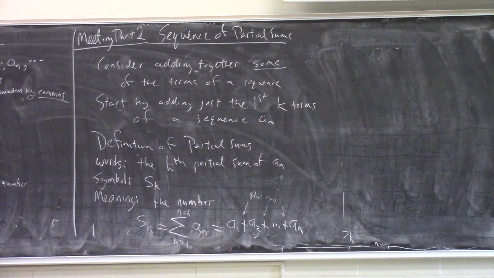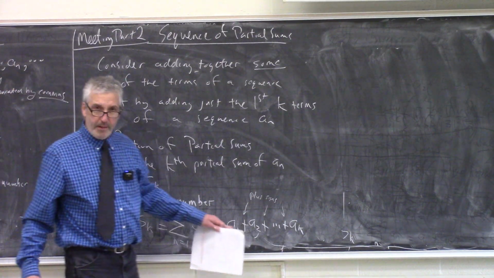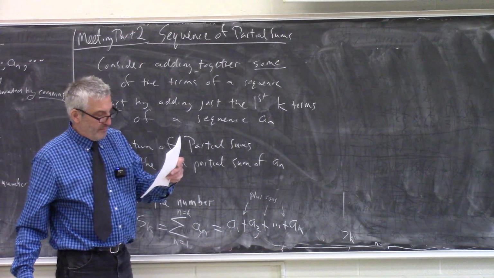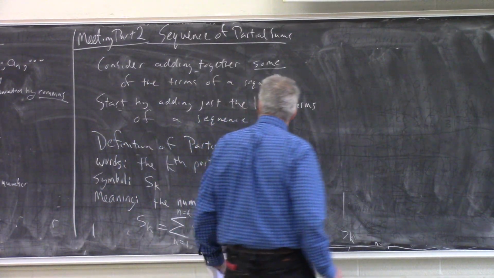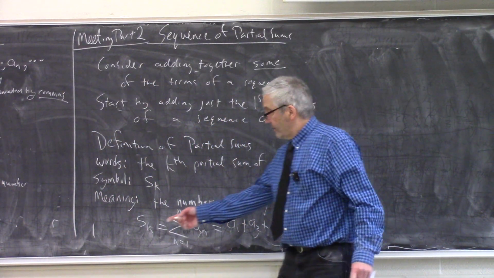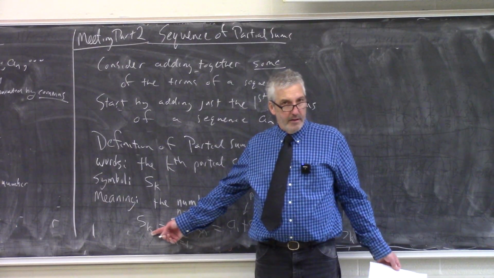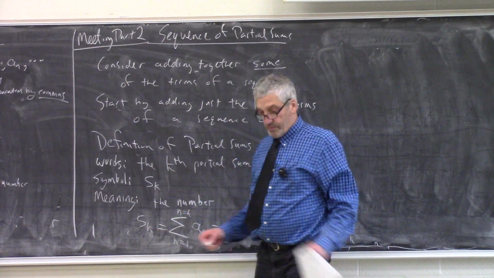So the sequence had these terms with commas between them. The partial sum has some of these terms, but with plus signs in between them. So realize that S subscript k is a new sequence.